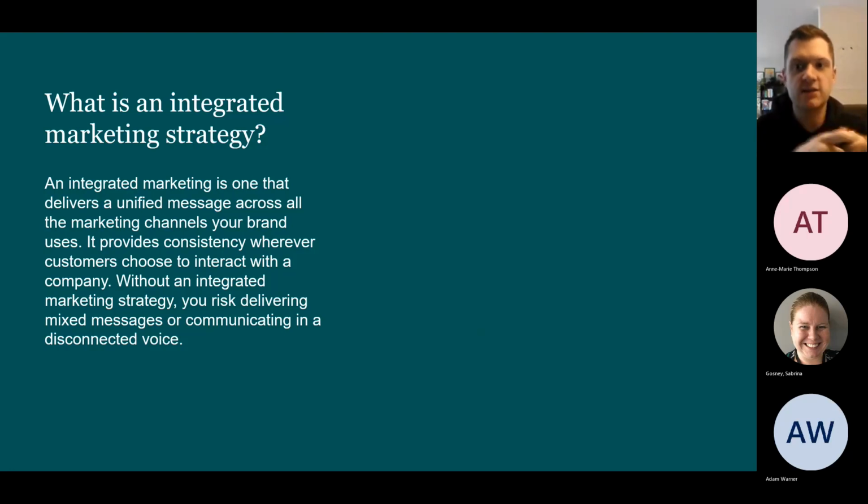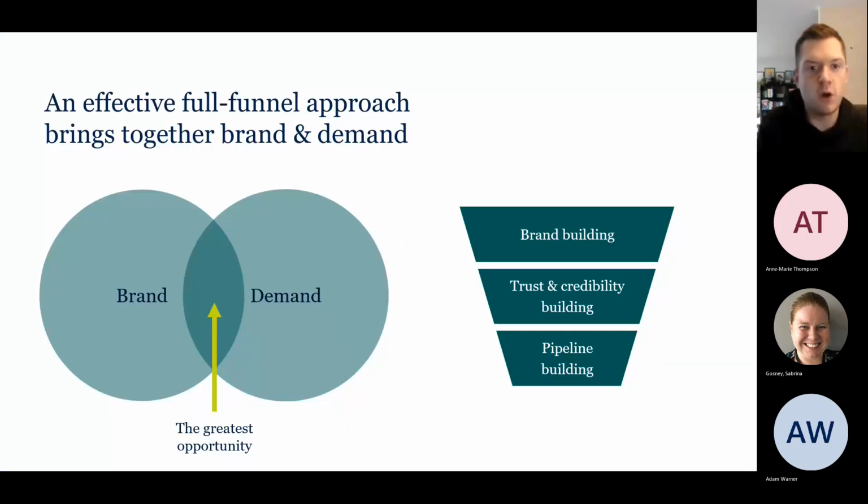Without being integrated, if we start having a landing page over here which says one thing, an email over here which has been sent on a one-to-one basis by someone else, and then some organic social tiles and social posts that are all saying really different things, we really risk coming across as disconnected and disjointed. Ultimately, a full funnel approach will bring together brand and demand, which we'll come on to at the back end of this session, where I'll go through a couple of slides that we've been delivering recently. The greatest opportunity exists in that space there.